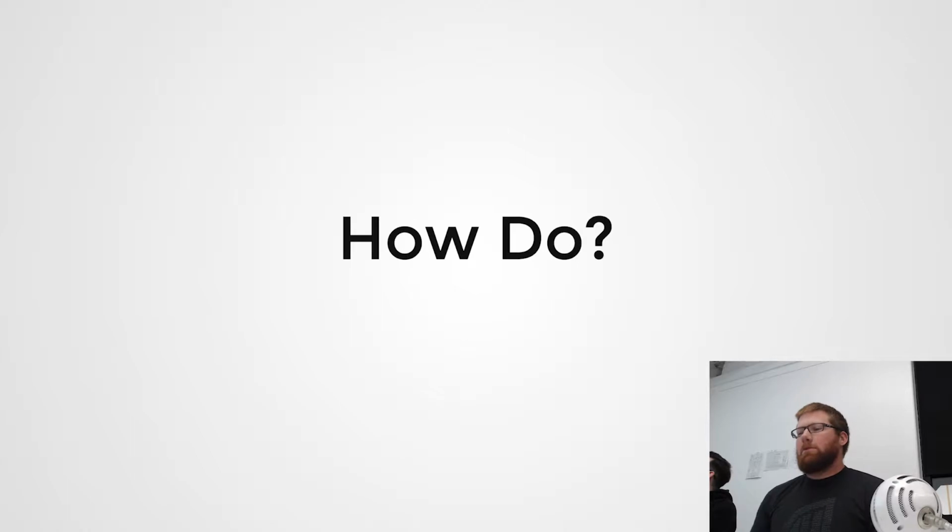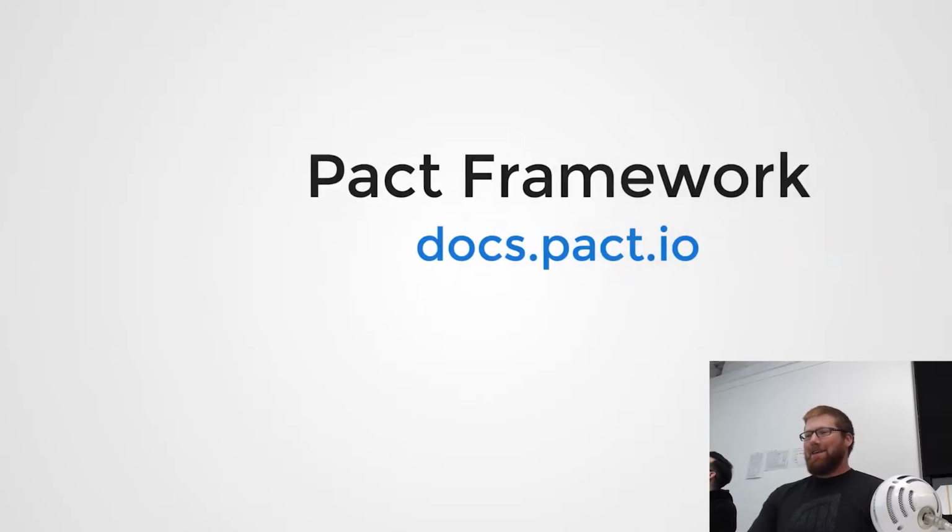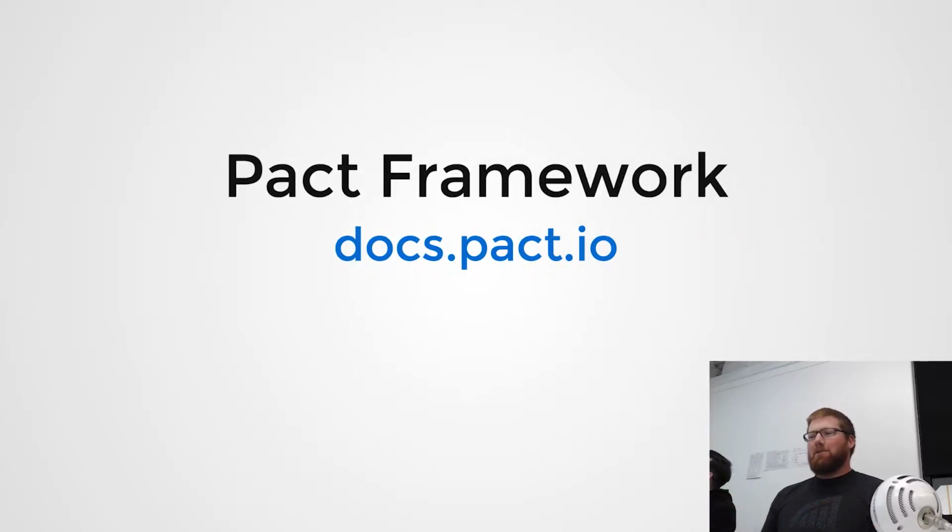Okay, so contract tests. In the words of John David, how do? The good news is there's a really great framework. It's called the Pact framework. You can look at the documentation, docs.pact.io. They have libraries, gems, whatever, for Ruby, C#, Swift, JavaScript.